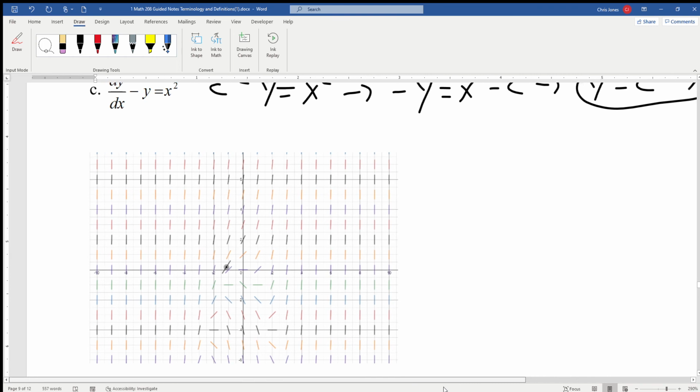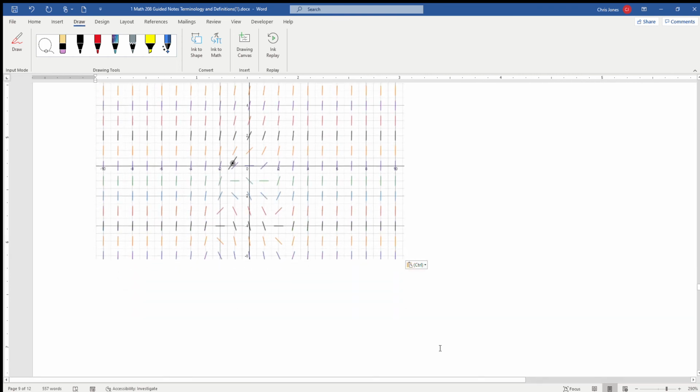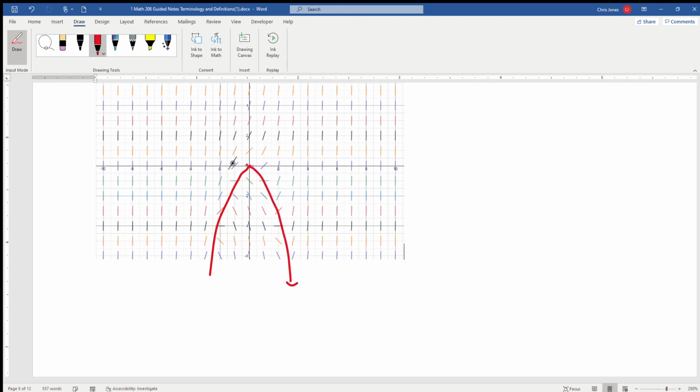Desmos resolution is very high. Let's just draw one at the origin. I'm going to do my best to draw this concave down parabola from the origin, and I'm just going to pick a few random points. So here's one, here's one, here's one, here's one, here's one.